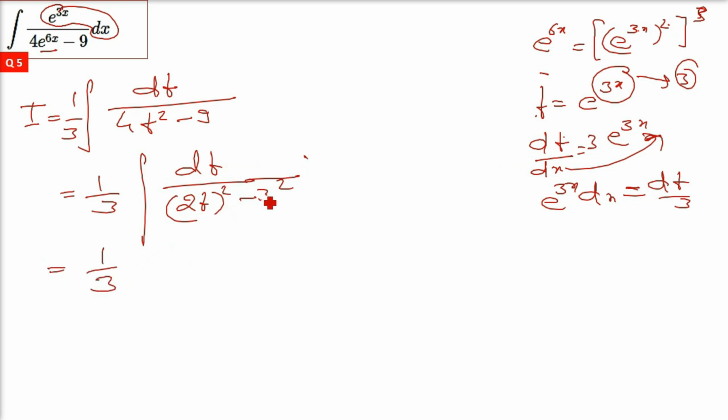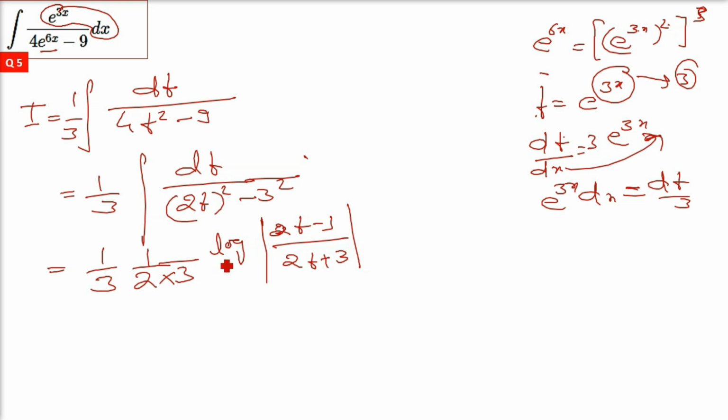I'll show you here. You know the integral of dt by x square minus a square is what? 1 by 2a. You already know the formula we have done in the previous question. 1 by 2 into a, a is 3 here, x is 2t here, log, and this will be log modulus inside. So 2t minus 3 will come in the numerator and 2t plus 3 will come in the denominator.